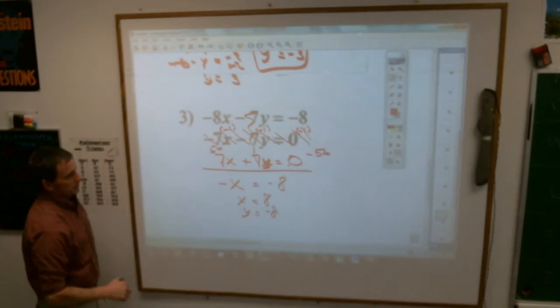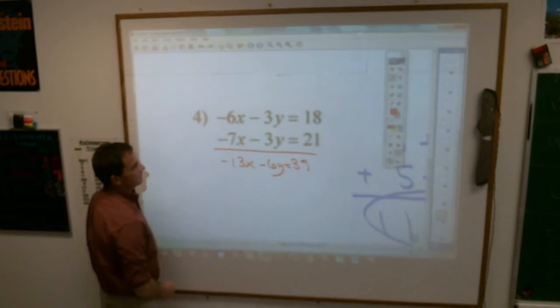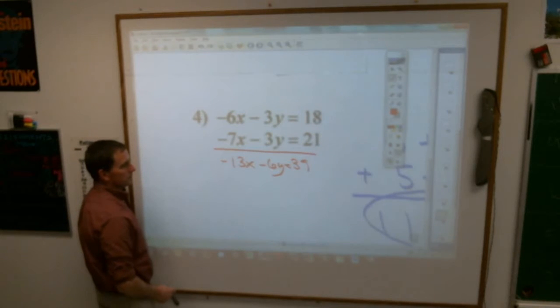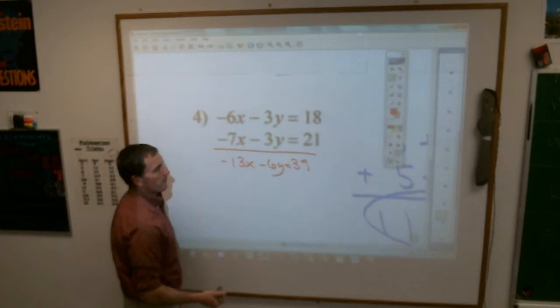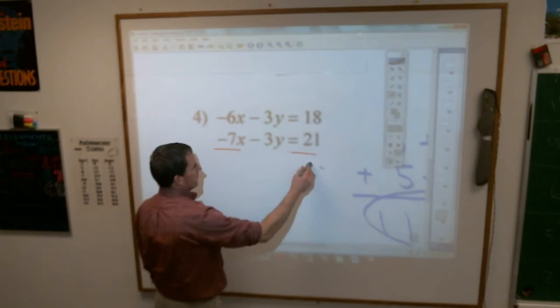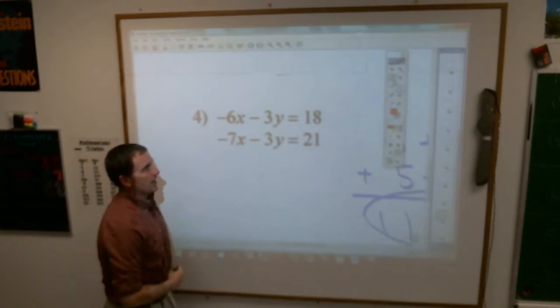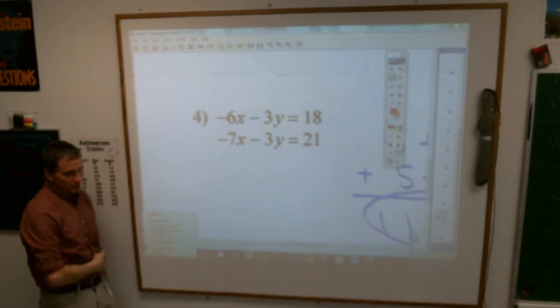And you could always put that into the equation to see if it works, but now, where are we at over here? That's kind of the same thing that's true for this one. They're not opposites now, but what could you do to get them to be opposites?